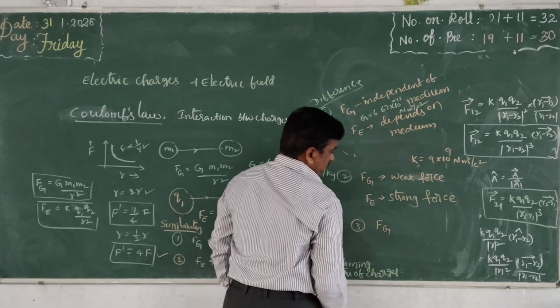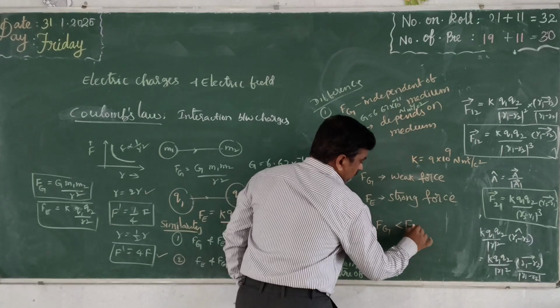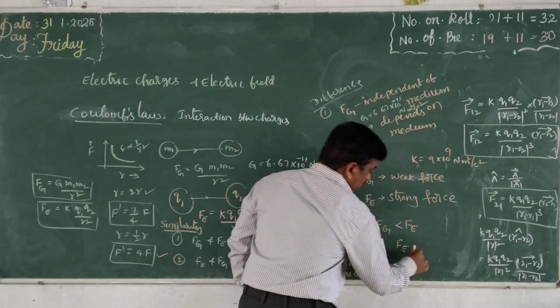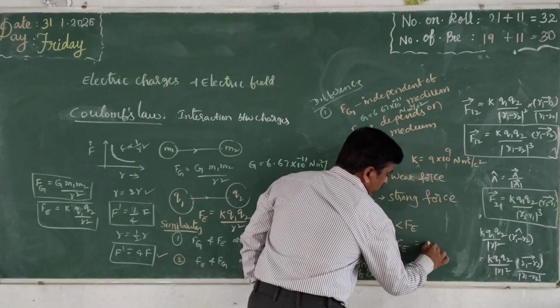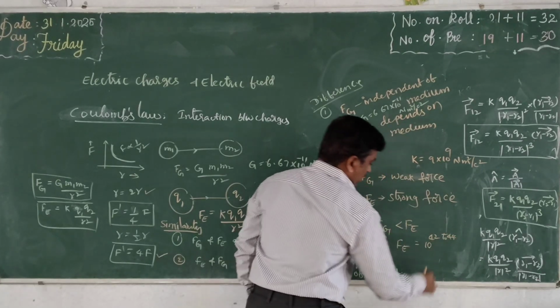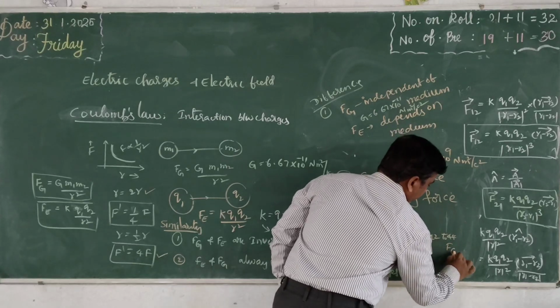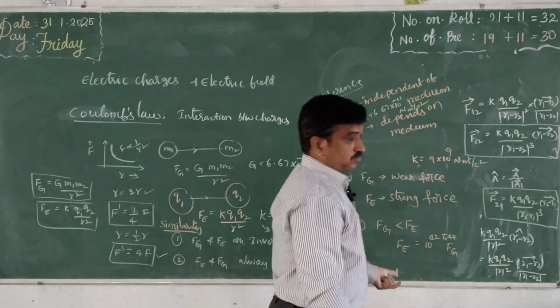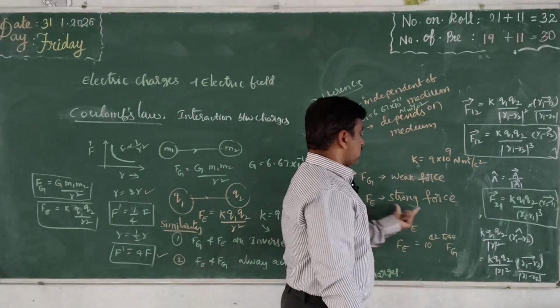Gravitational force is less than electrostatic force. For example, electrostatic force is 10 power 42 to 44 times greater than gravitational force. That's why we can say gravitational force is a weak force, a small force, and electrostatic force is a strong force.